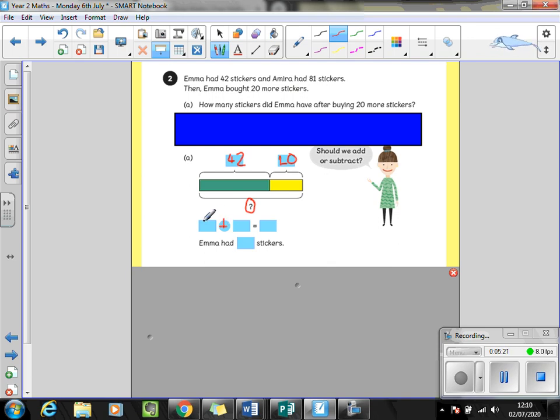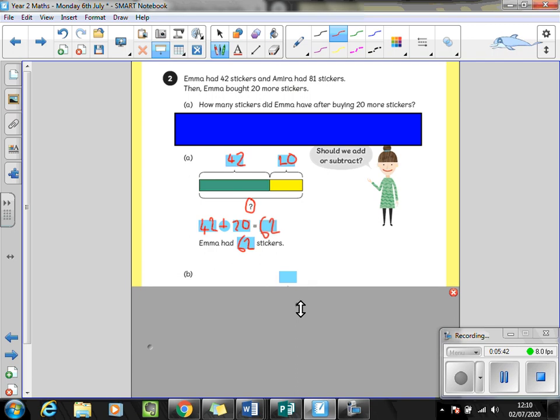So our calculation should be 42 add 20. Now I'd hope you use your knowledge of place value here. Easily add that 20 to the 40 to make a total of 62 stickers. So Emma had 62 stickers.